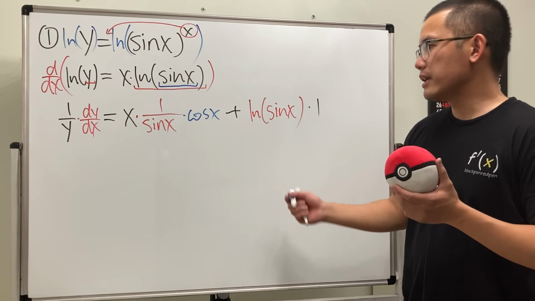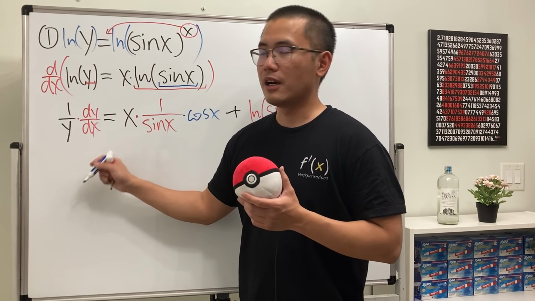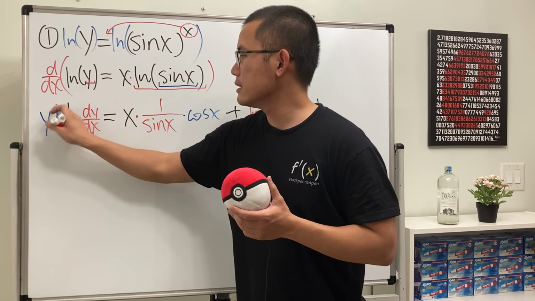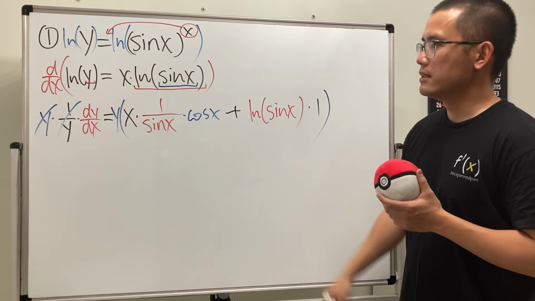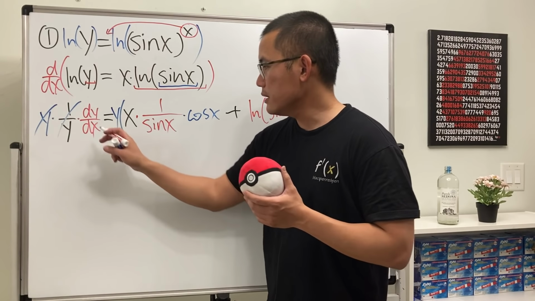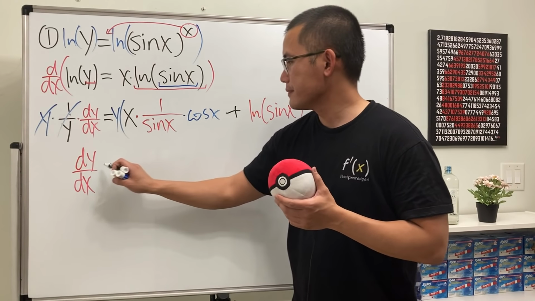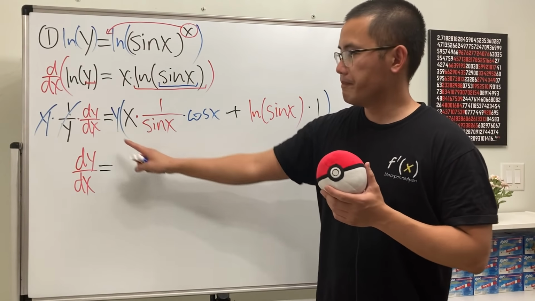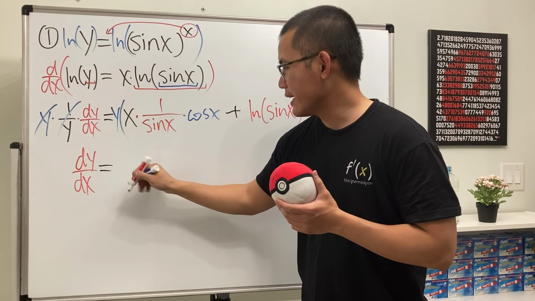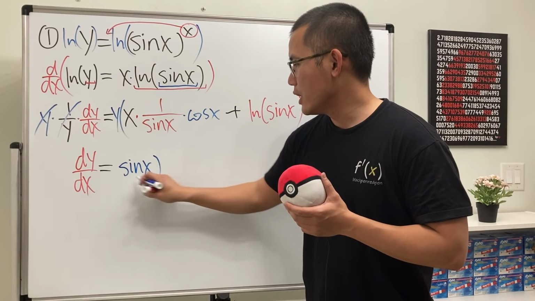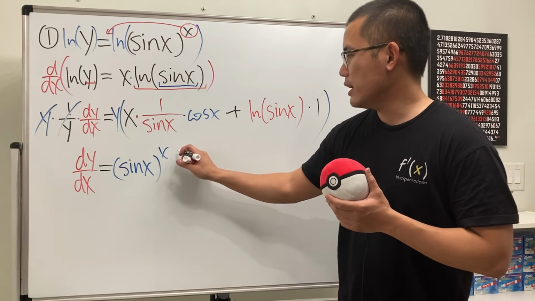And then we want to have dy/dx by itself. Let's multiply by y on both sides so they cancel, and we will multiply the right hand side by y as well. So ladies and gentlemen, we get dy/dx being equal to, we have the y, which is sin x to the x power, and then we'll just finish the rest.